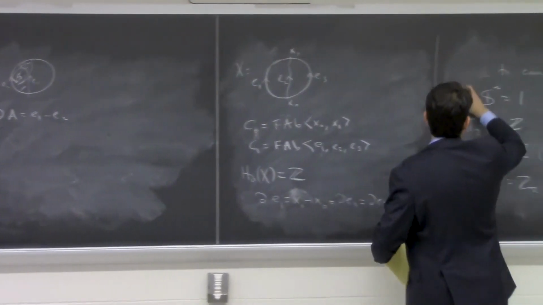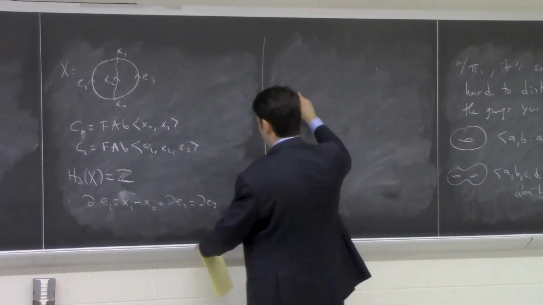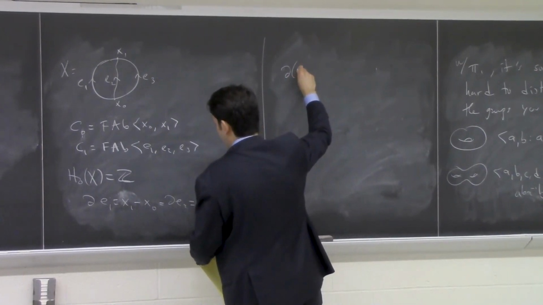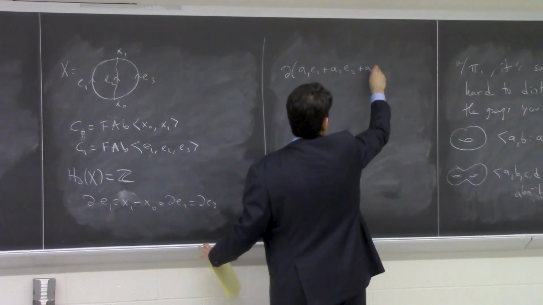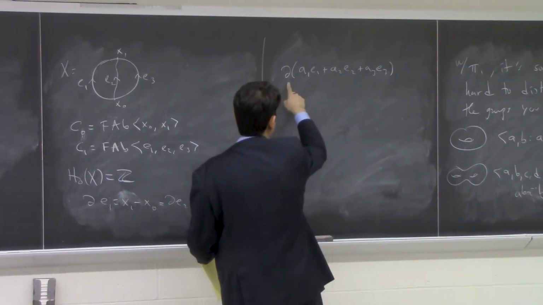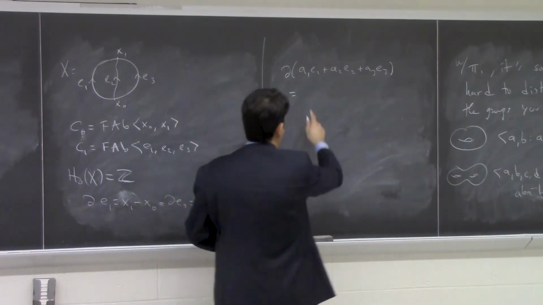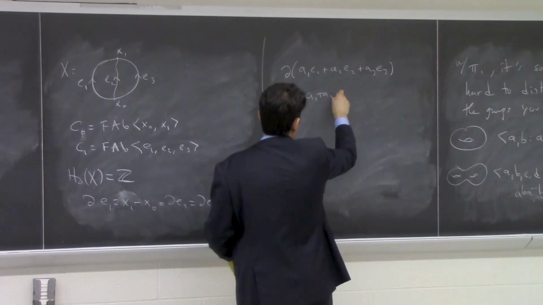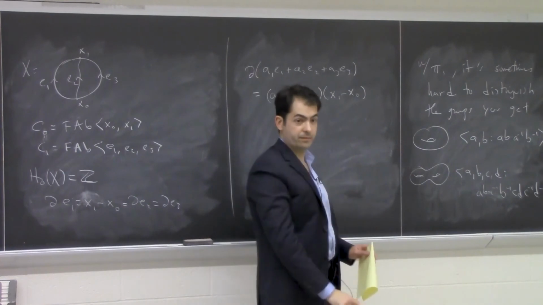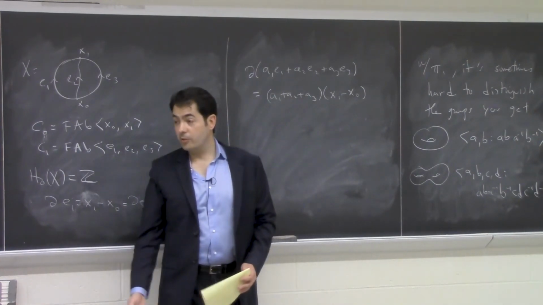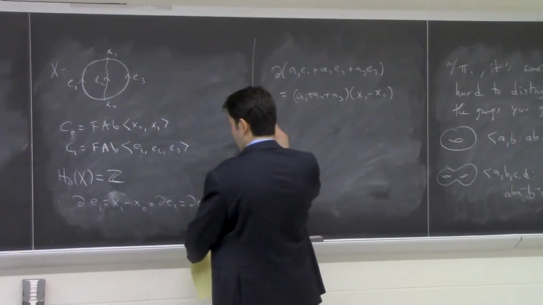So if I want something in C1 that doesn't have any boundary, the boundary of an arbitrary element, say A1 E1, A2 E2, A3 E3, is, well, I'm definitely going to make the boundary map linear over Z. So this is just going to be A1 plus A2 plus A3 times x1 minus x naught. So the only way you get 0 boundary is if the coefficients add up to 0.